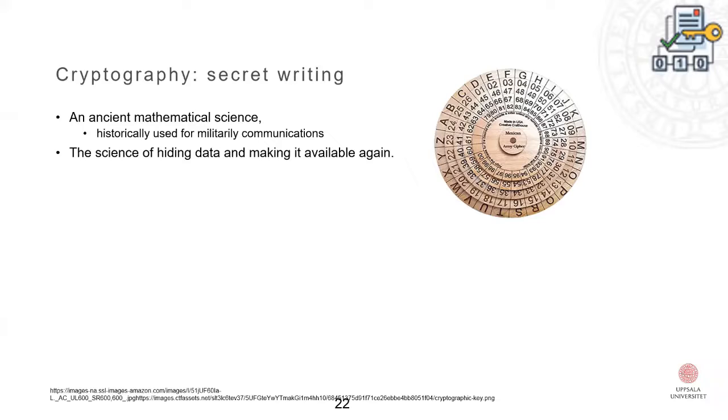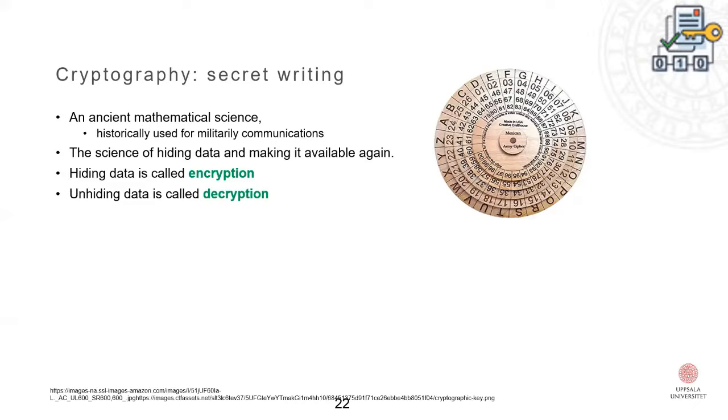It is simply about writing something secretly, and it was an ancient mathematical science, and it was historically used for military communications. So cryptography is the science of hiding data and making it available again when the authorized people want to access the data.